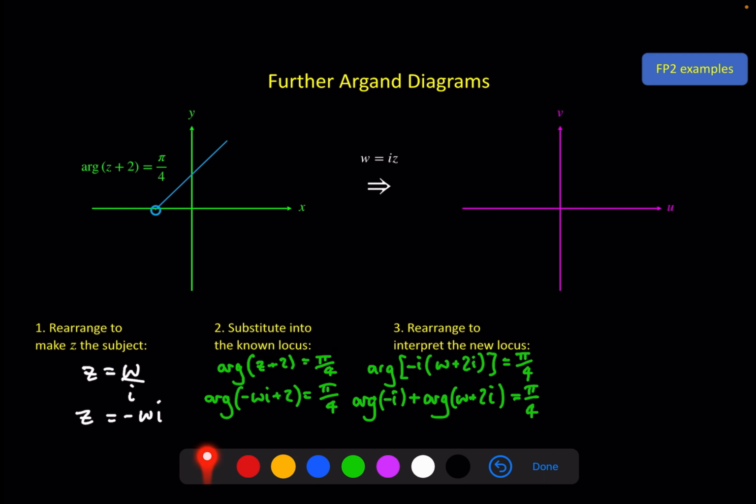And that's really helpful because now we do have something in our more usual format. This is the argument of w plus 2i, so minus 2i is the point at which this half line comes out of, but we need to deal with this.